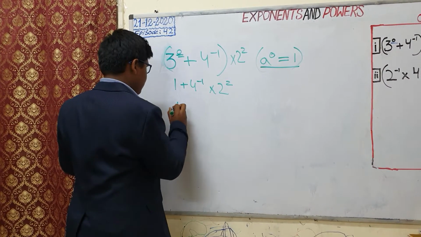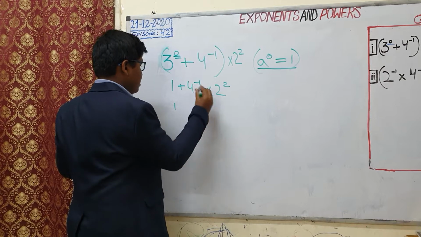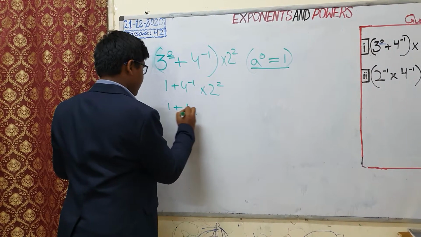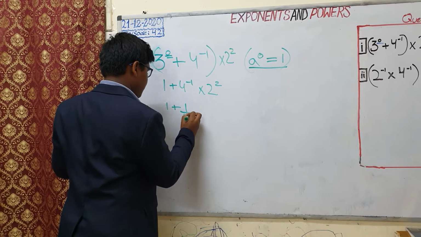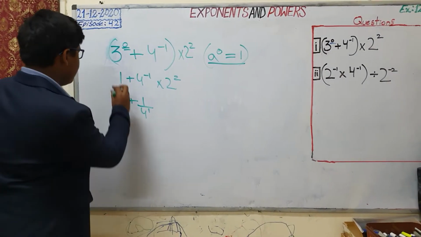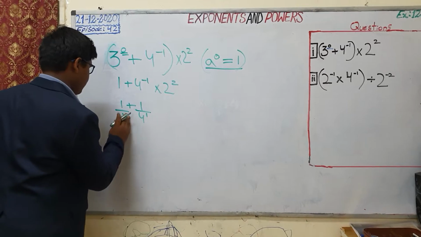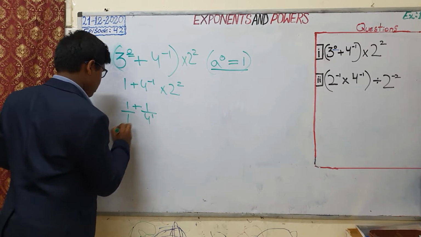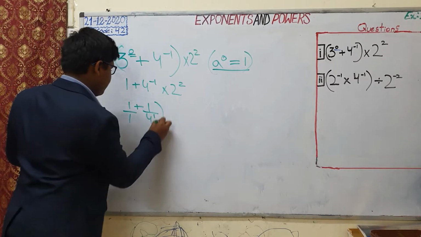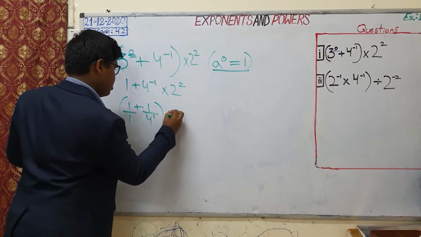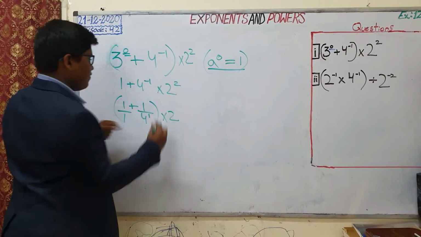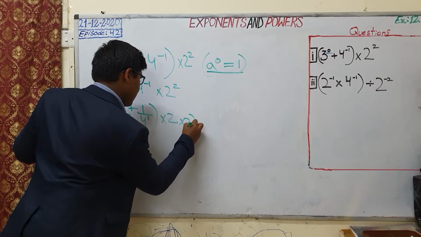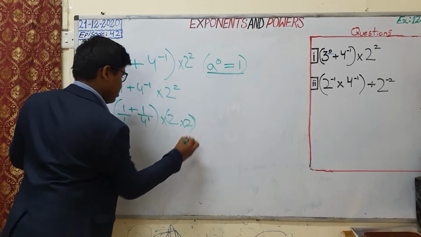So 1 plus 1 by 4 raised to the power 1, then in bracket into 2 raised to the power 2. Now here we have a square, so we multiply 2 into 2.